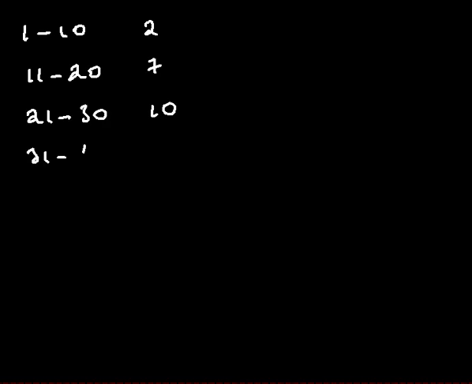What if, let's say, we have the data 1 to 10, whose frequency is 2; 11 to 20, whose frequency is 7; 21 to 30, whose frequency is 10; 31 to 40, whose frequency is 3; and 41 to 50, whose frequency is 1.